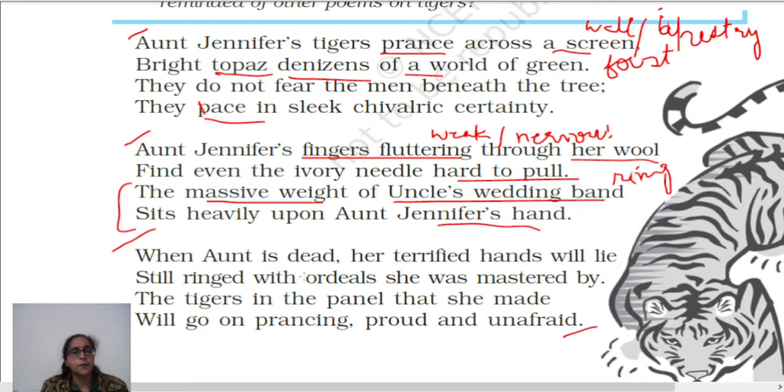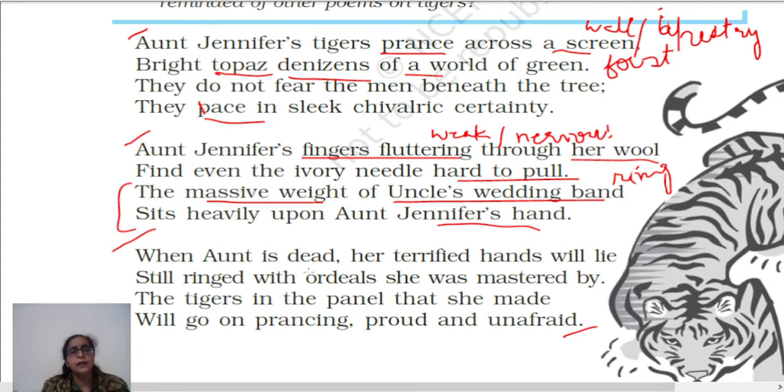Now the poet is predicting the state of Aunt Jennifer after her death. What the poet wants to say is a sad truth: the lady was under domination in her marriage, and this can be clearly visible even when she is dead.